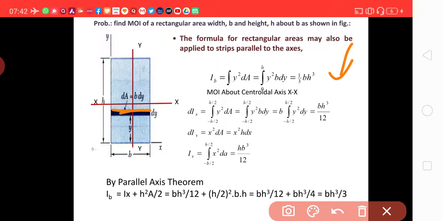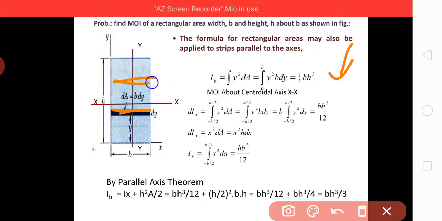Similarly, to find the moment of inertia about centroidal axis capital XX, here same formula, only the limits are changed from minus h by 2 to h by 2. Y square dA. Again, this is the strip under consideration, this distance is y, this is dy.